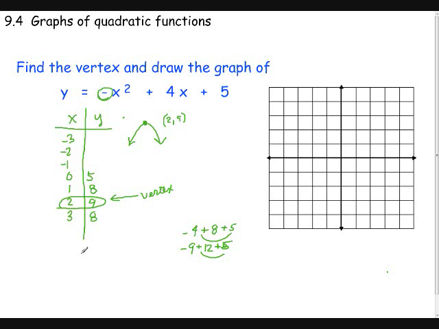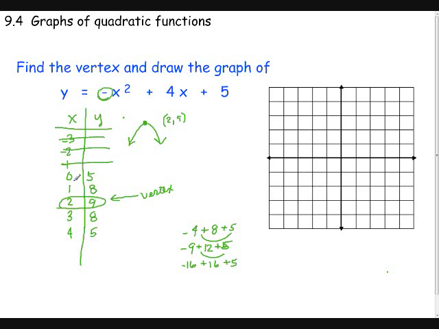So I might not even be interested in these values up here. Forget these, I don't care about them. I'm going to try the next one higher. If I put a 4 in and square it, I get 16, and then multiply it by a negative 1. 4 times 4, so that's a plus 16. Plus 5. This ends up to be 5.